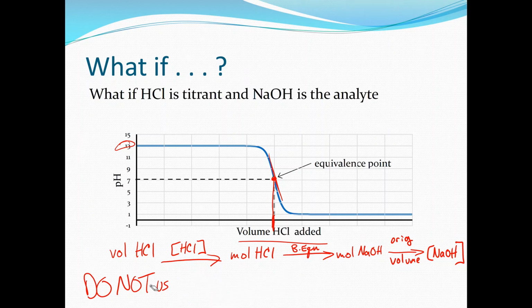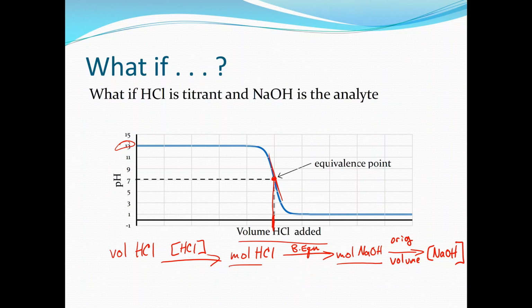A titration is a chemical reaction, and you need to use stoichiometry to figure out what your concentration is. If you try to use that dilution equation, especially if you don't have a one-to-one reaction between your two reactants, you're going to get the wrong answer. And even if it gives you the right answer, it's giving it to you for all the wrong reasons. Do not use a dilution equation to do something that should be stoichiometry.